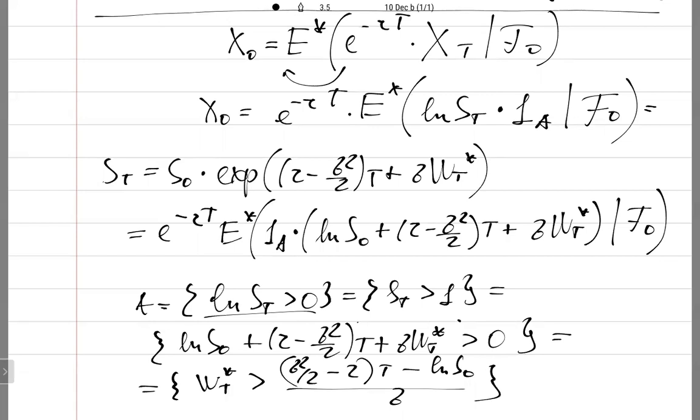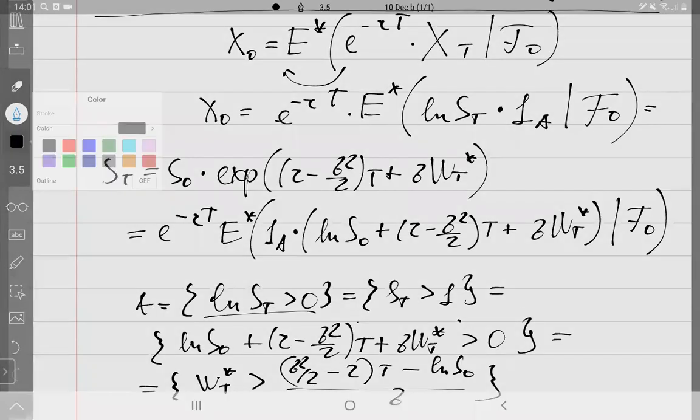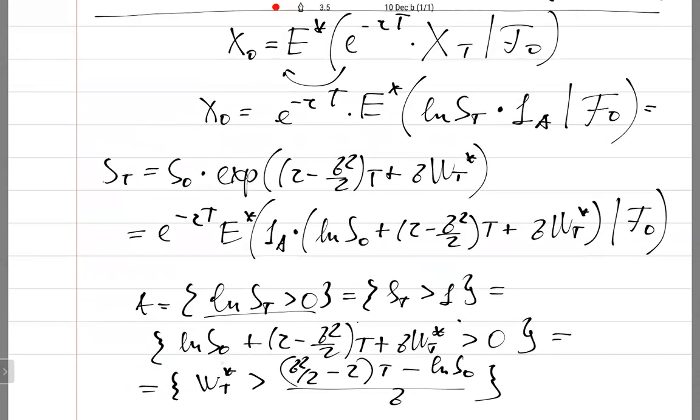And last time we used scaling to make this random variable WT star standard. Which distribution does it have? Not standard normal, just normal, with mean 0 and variance T under the probability measure P star.